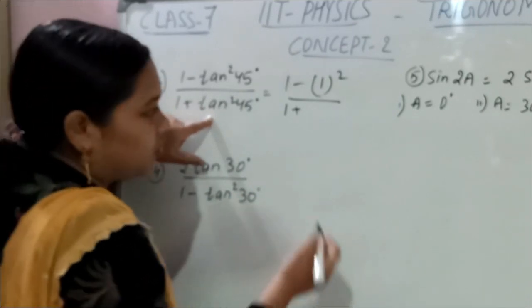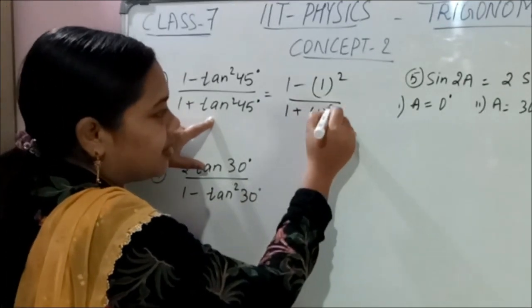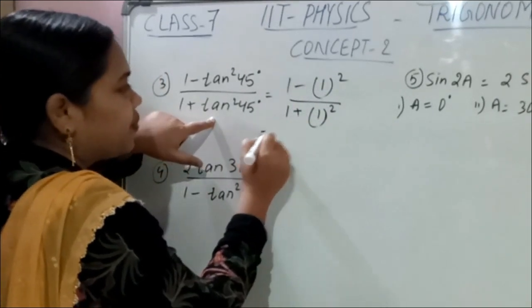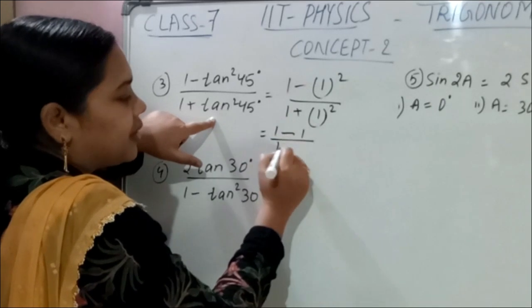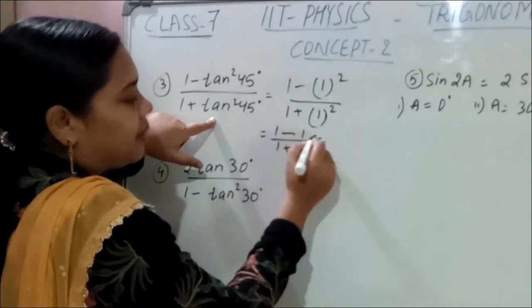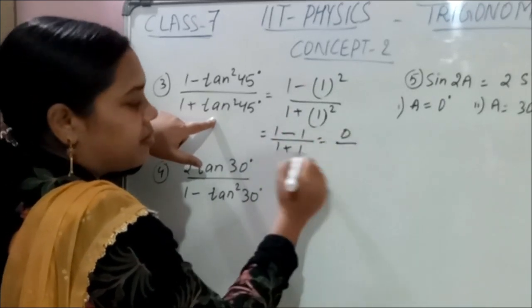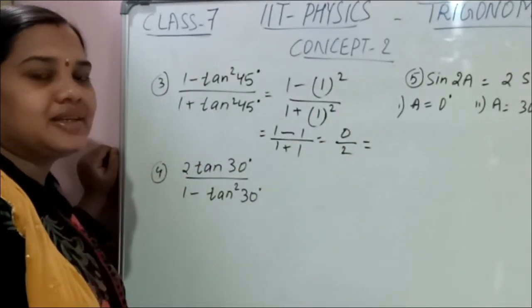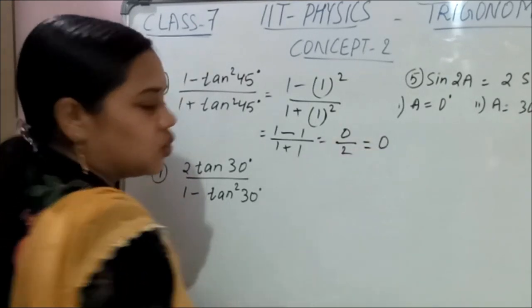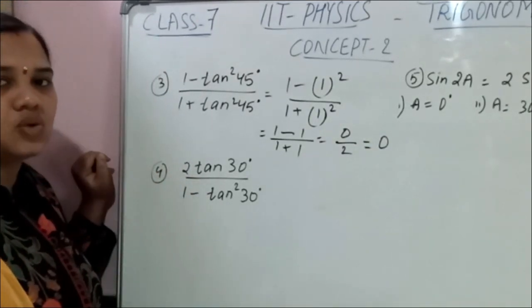So tan 45 whole square, tan 45 how much? 1 square. So see, 1 minus 1 square by 1 plus 1 square. 1 minus 1 is 0, by 1 plus 1 is 2. 0 by 2, 0 by any number is equal to 0. Is it? 0 by any number is equal to 0.